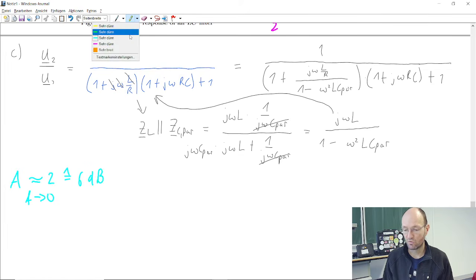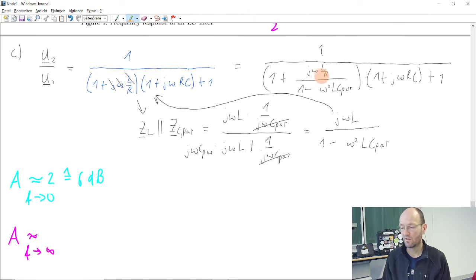But if we go to the high frequency case, if omega is going to infinity, or if omega is higher than our break frequencies, so here it's the same as before, but what happens here? If omega is getting high, then this is growing large, so we can neglect the 1 in comparison, and omega divided by omega squared will get 0.